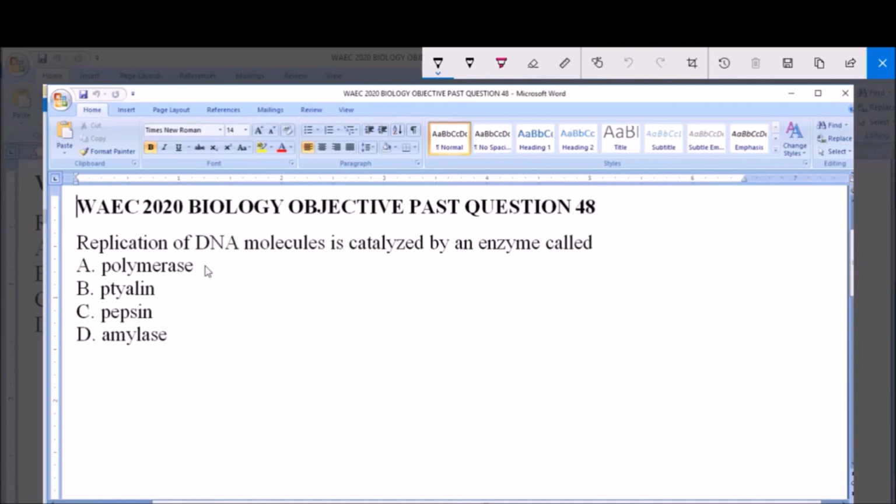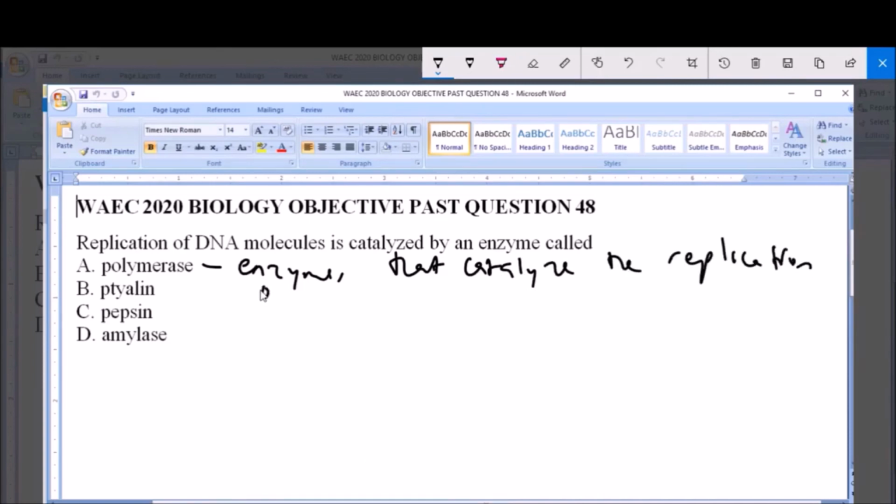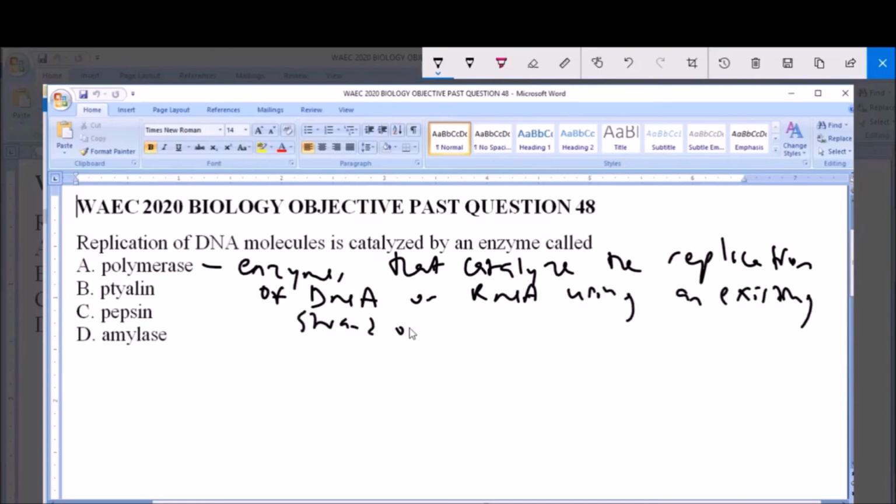question. Now option A, which is polymerase, refers to enzymes that catalyze the replication of DNA or RNA using an existing strand of DNA as template.